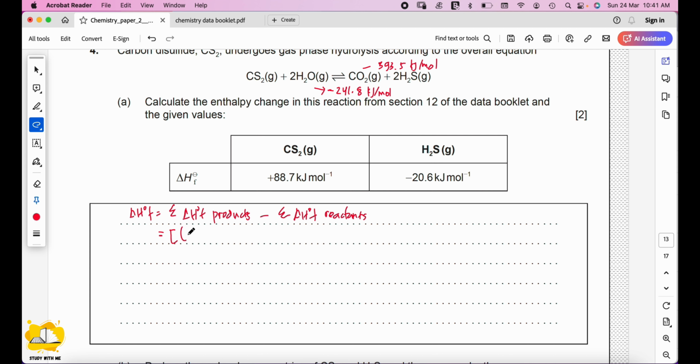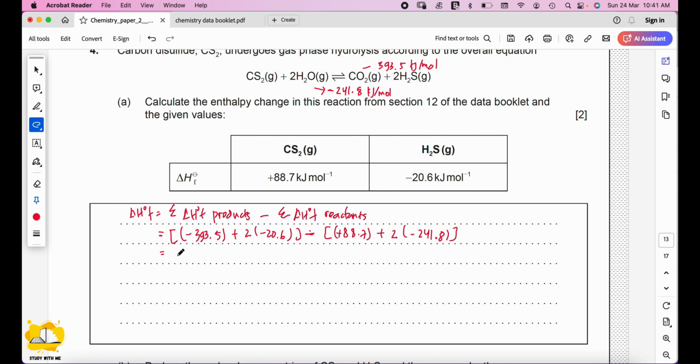So for CO2, negative 393.5 plus 2, the coefficient, H2S, negative 20.6, minus for reactant, so CS2, plus 88.7 plus again 2 for H2O, negative 241.8.